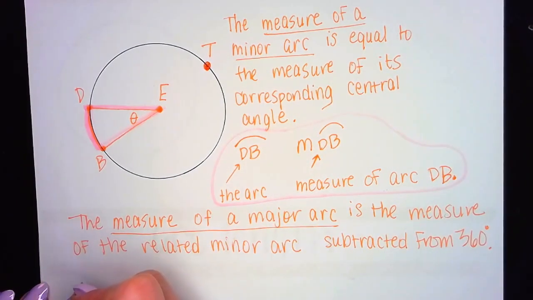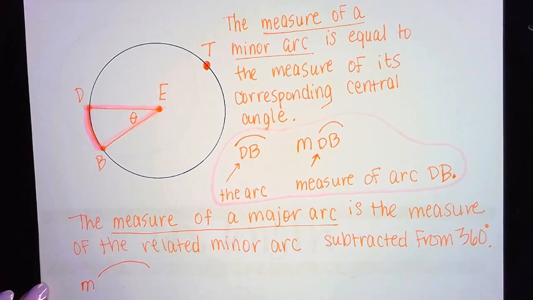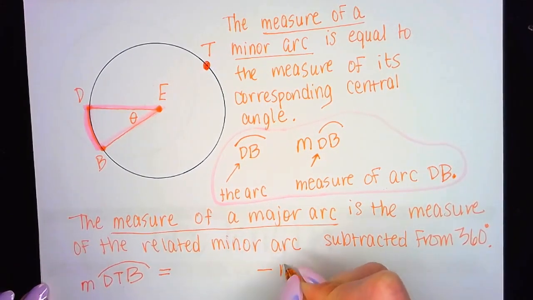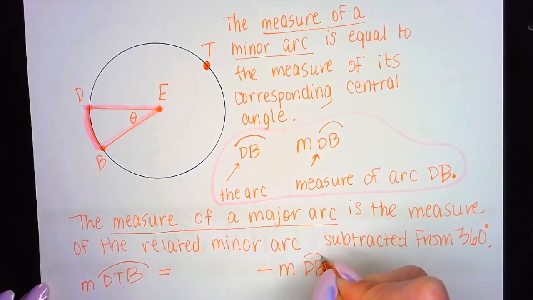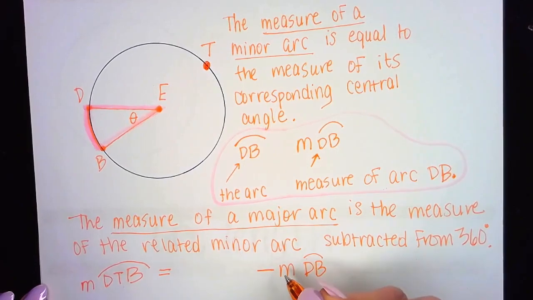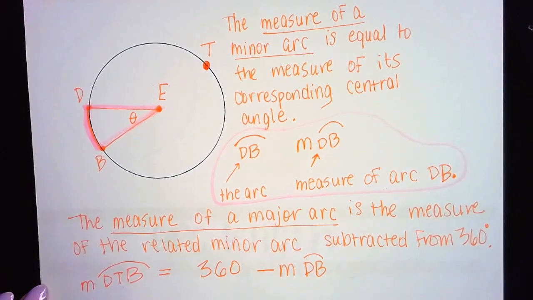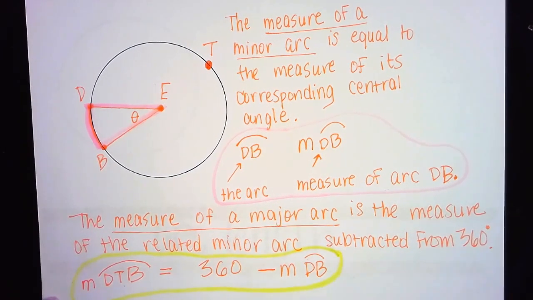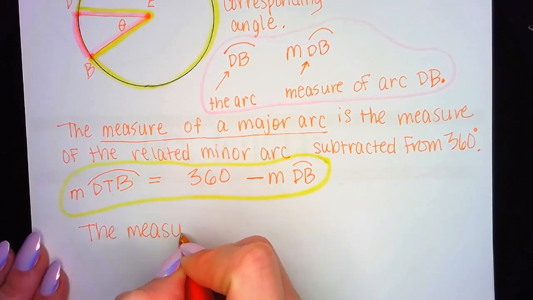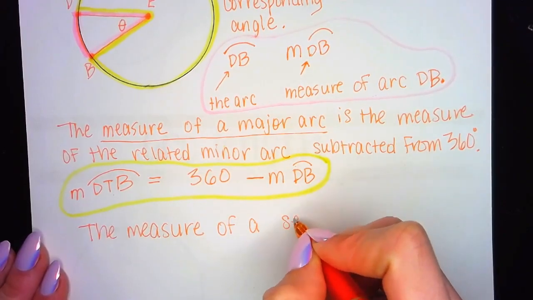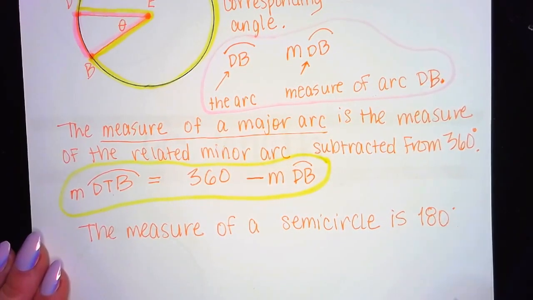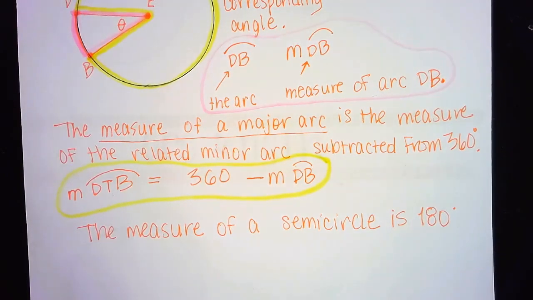Following this definition, the measure of the major arc DTB is the measure of the corresponding minor arc, or the related minor arc, subtracted from 360. We forgot semicircle. Again, we're talking about the way the curve exists. The measure of a semicircle is 180 degrees.